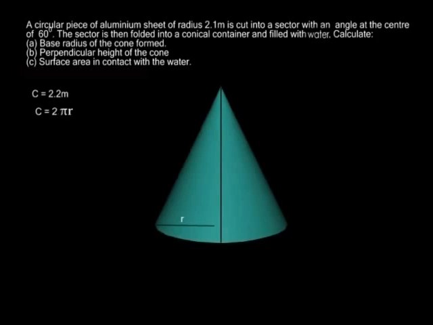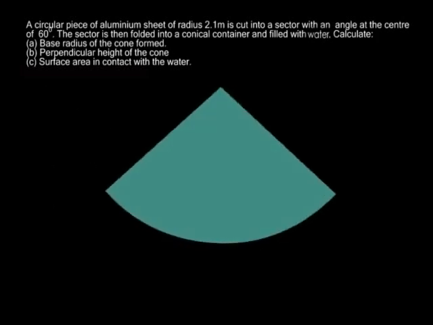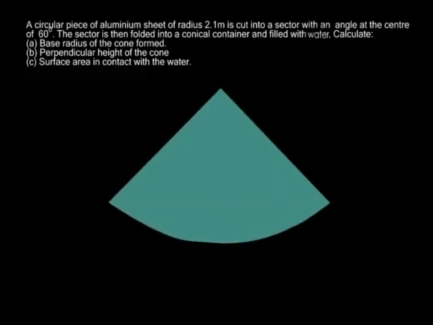Circumference is given by 2 pi r. If we equate 2 pi r to 2.2 and solve for r, we'll find r is equal to 0.35 meters.